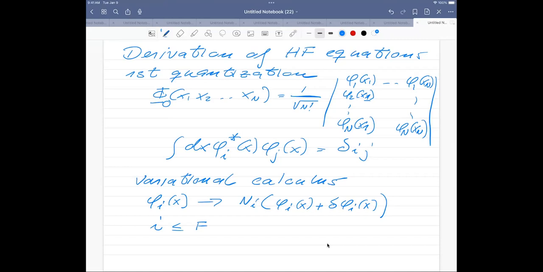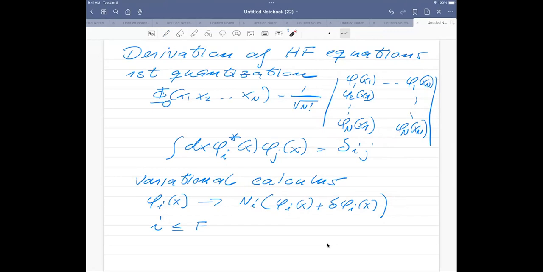Now, if you're assuming this kind of variation here, what would you expect then from this new Slater determinant? Because if I apply this variation, which you see here, this will obviously change my Slater determinant. But when I use variational calculus, I want to look at this in terms of some infinitesimal change.